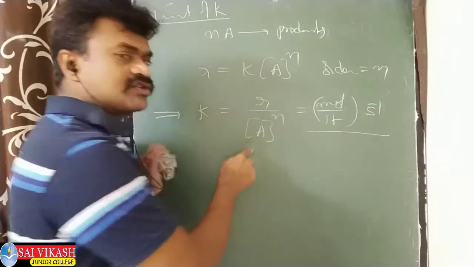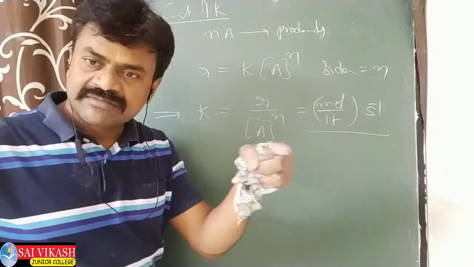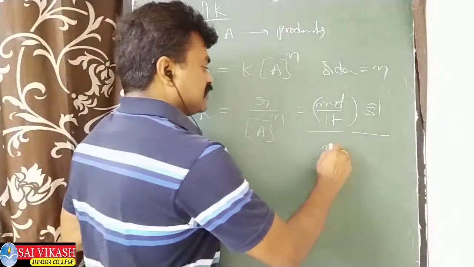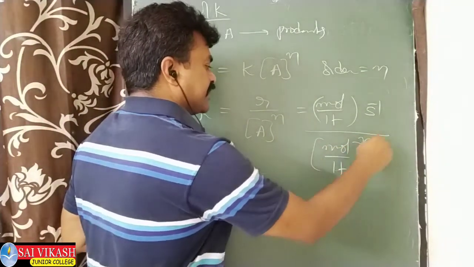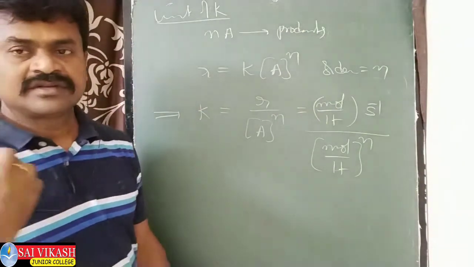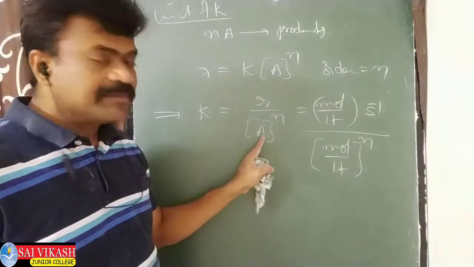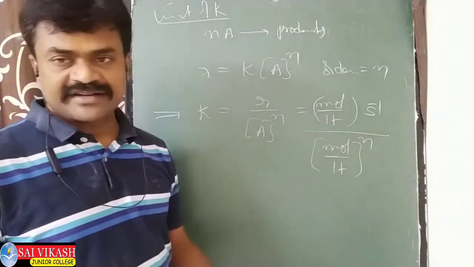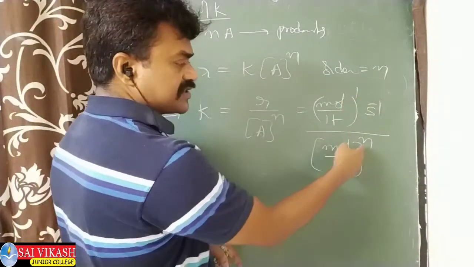Divided by, this is also mole per liter. It is the concentration of A. Concentration means nothing but mole per liter. So you will get mole per liter power n. So R means mole per liter per time, and A means mole per liter power n. So what can we write? This is mole per liter power 1, this is power n.